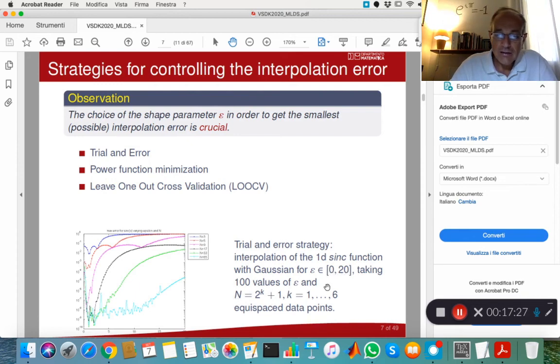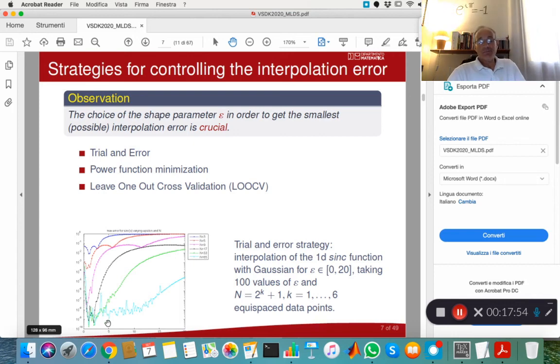Then we take equispaced data points for the kernel, and then you see the behavior of this error in 0 to 20. There is a kind of minimum of this error before, let's say, between 0 and 2. And this means that, looking at this figure, one should take an epsilon which is very small in general, to get the best error approximation.